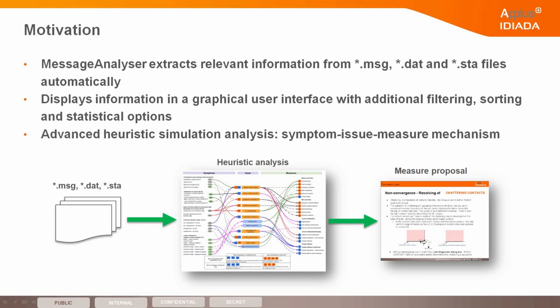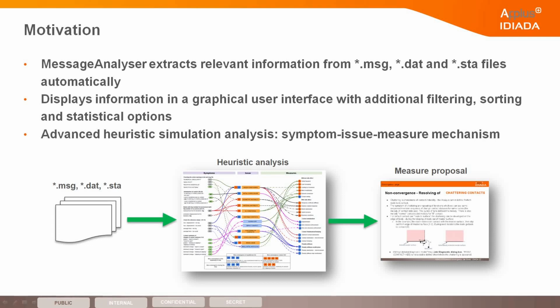Another great feature is heuristic analysis of the simulation. Based on the know-how of our most experienced CAE engineers, we introduced and implemented the symptom-issue-measure relation mechanism. Heuristic analysis automatically searches in all collected pieces of information for symptoms and links them directly to particular issues and provides a corresponding proposal of measures which will be applied in order to fix or to prevent the issue from occurring in the simulation.